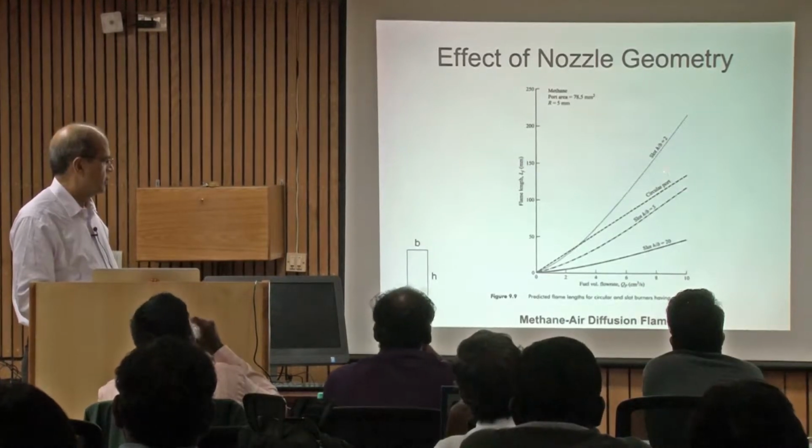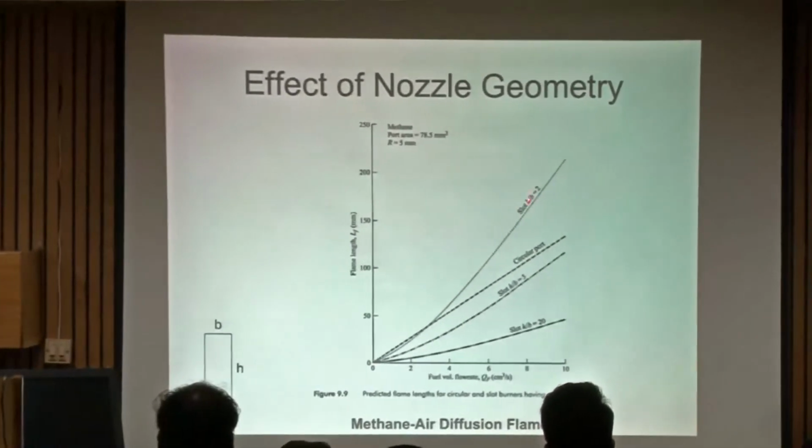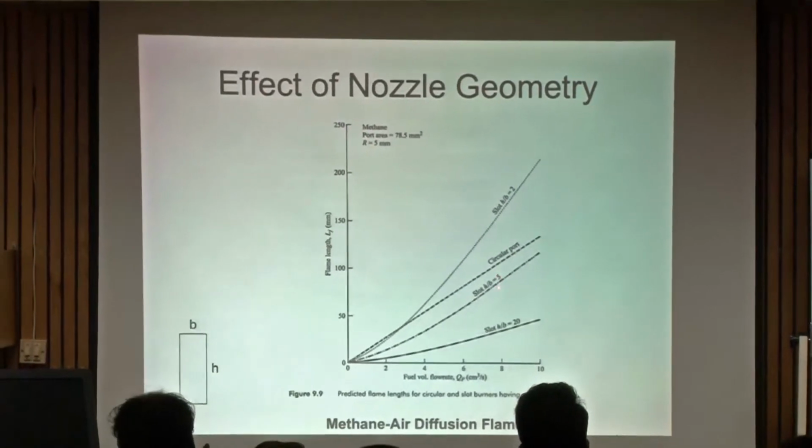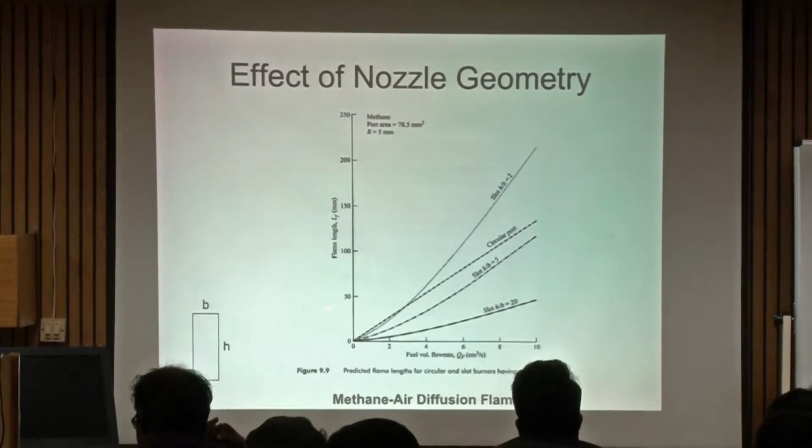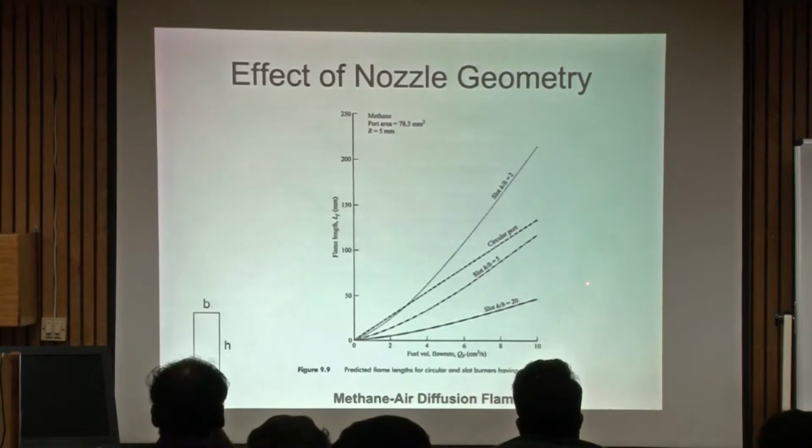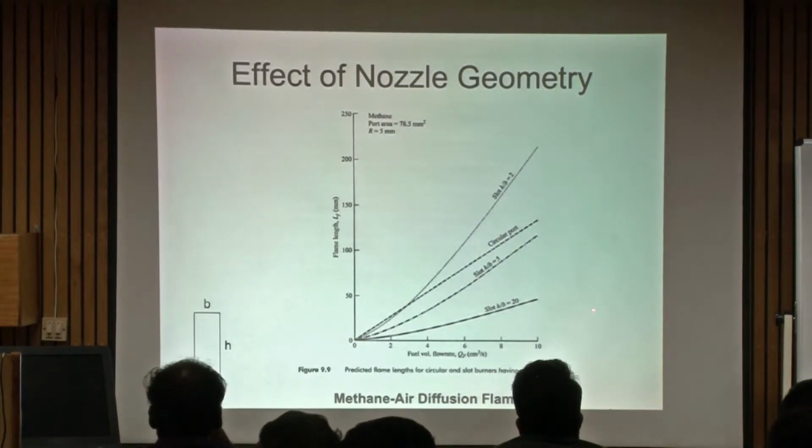And then of course, the opposite effect as you decrease H over B. For a square port, H over B will be equal to 1, square jets. Then the flame length will be higher.